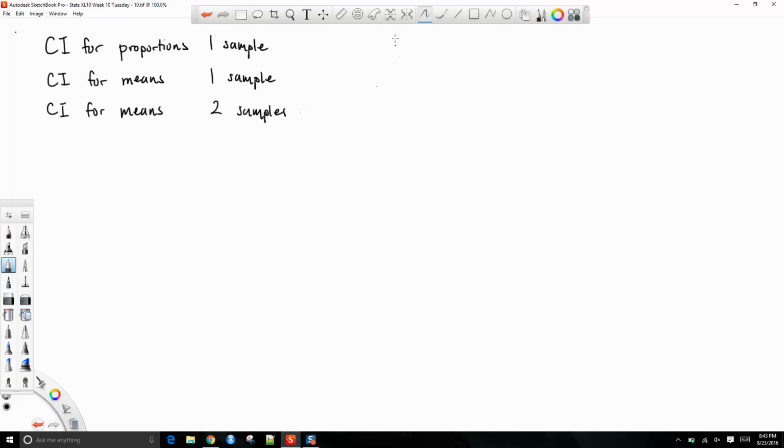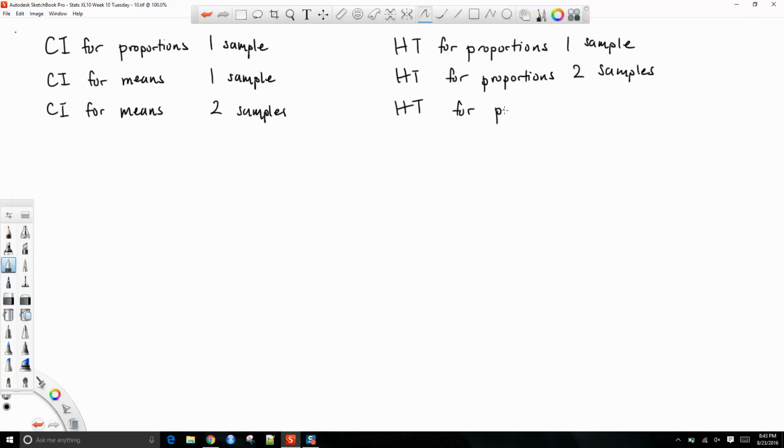We also have hypothesis tests for proportions, one sample. Hypothesis tests for proportions, two samples. Hypothesis tests for means, one sample.